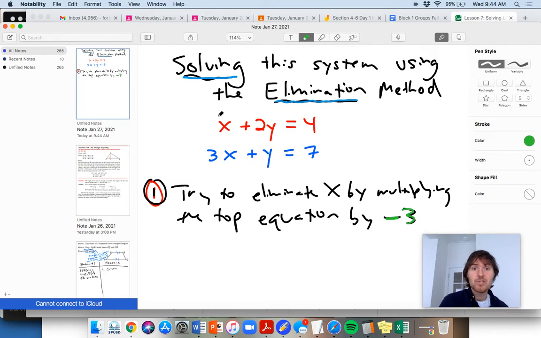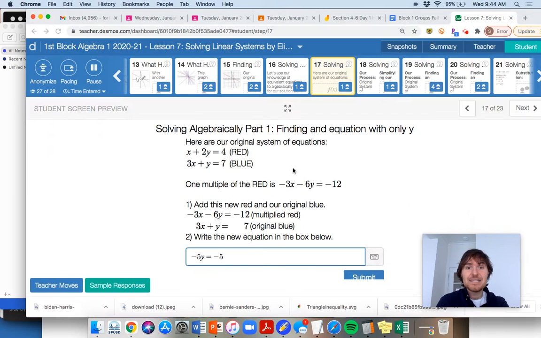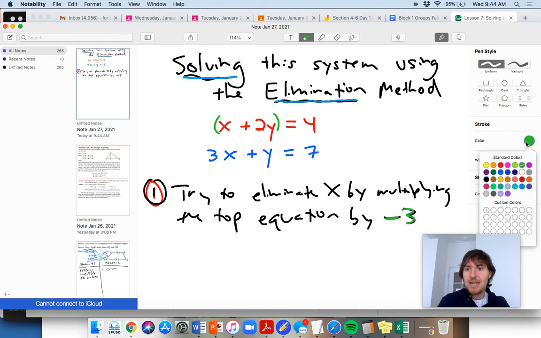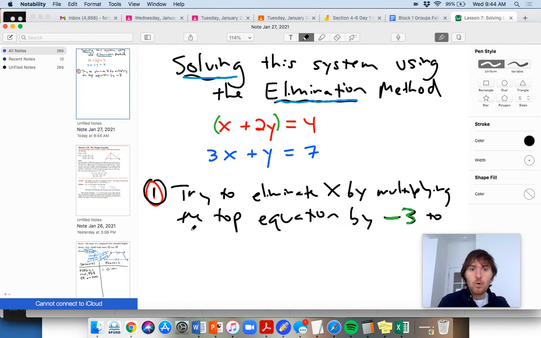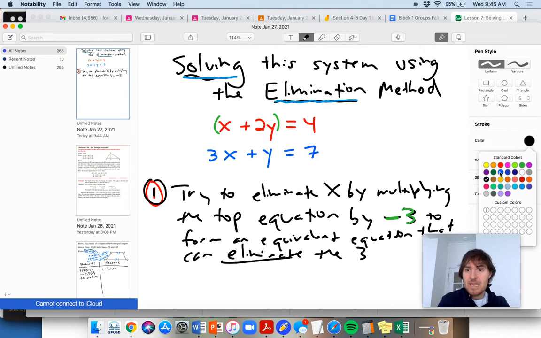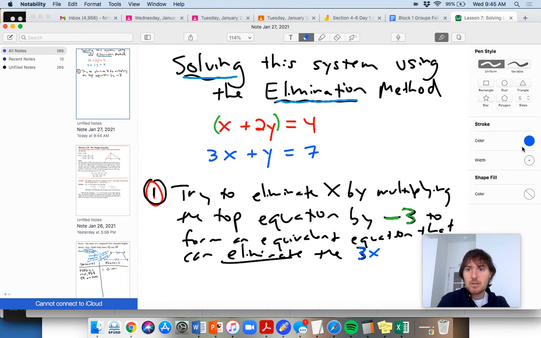Before I add the two equations together, what they did right here is find an equivalent equation. So multiplying the top equation by negative 3 forms an equivalent equation that can eliminate the 3x in the second equation when we ultimately add the equations together.